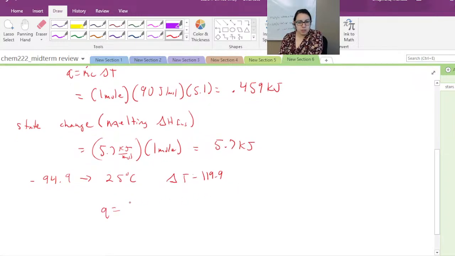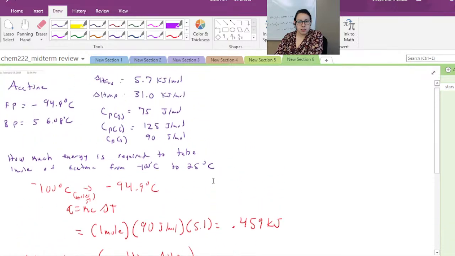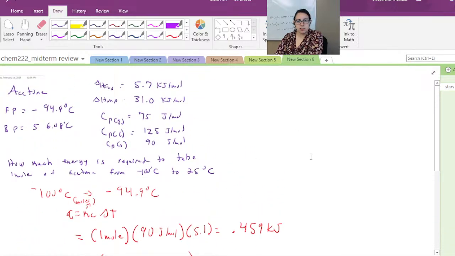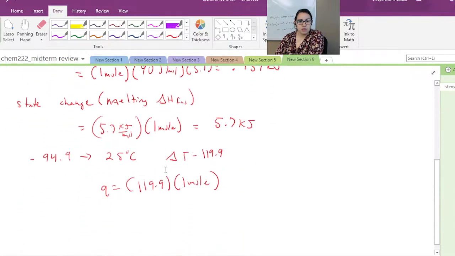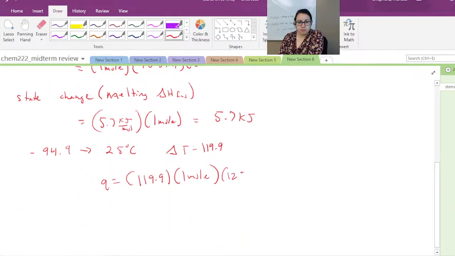And so now our Q is our delta T times our 1 mole. And so what heat capacity do we use now? Exactly. So make sure you choose the liquid one since we did the state change. So 125 joules per mole Kelvin.